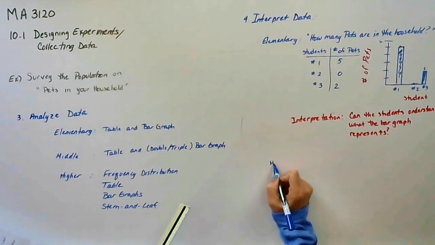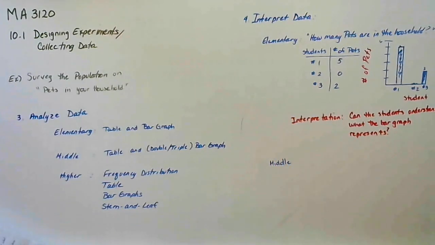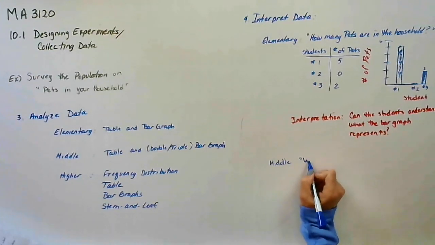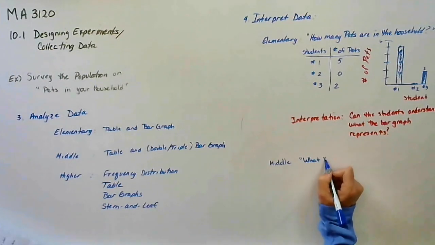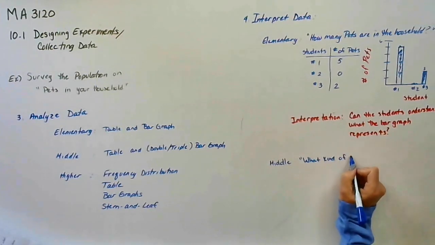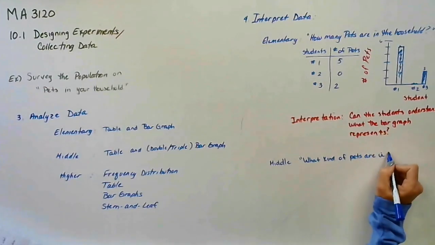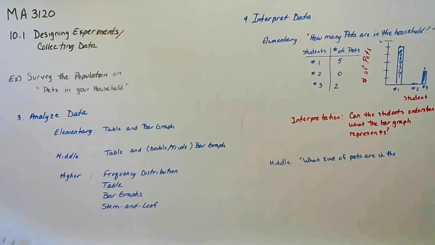Now, middle, remember, we said what kind of pet, not just how many, so what kind of pet. Same idea. What kind of pets are in the house?